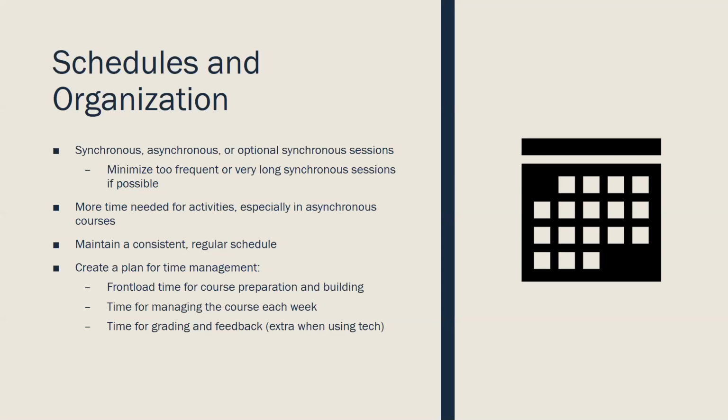Asynchronous, students have a given time frame to complete activities and they're responsible for doing that over the course of that time. And then optional synchronous sessions may be ones where, like this, whoever can attend is here live and can engage and interact. Anyone who is unable to attend can review a recording and follow up on the information.